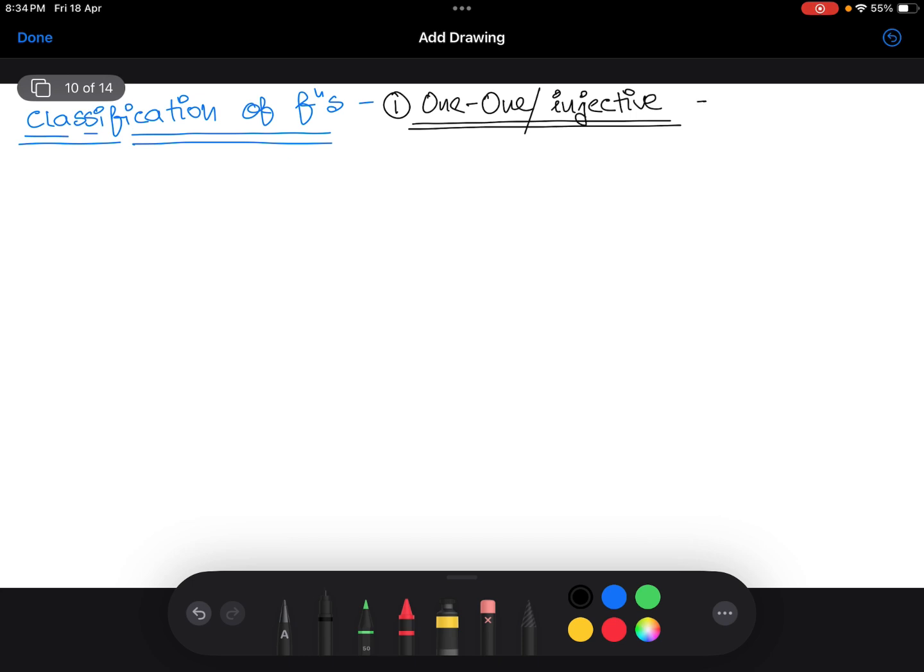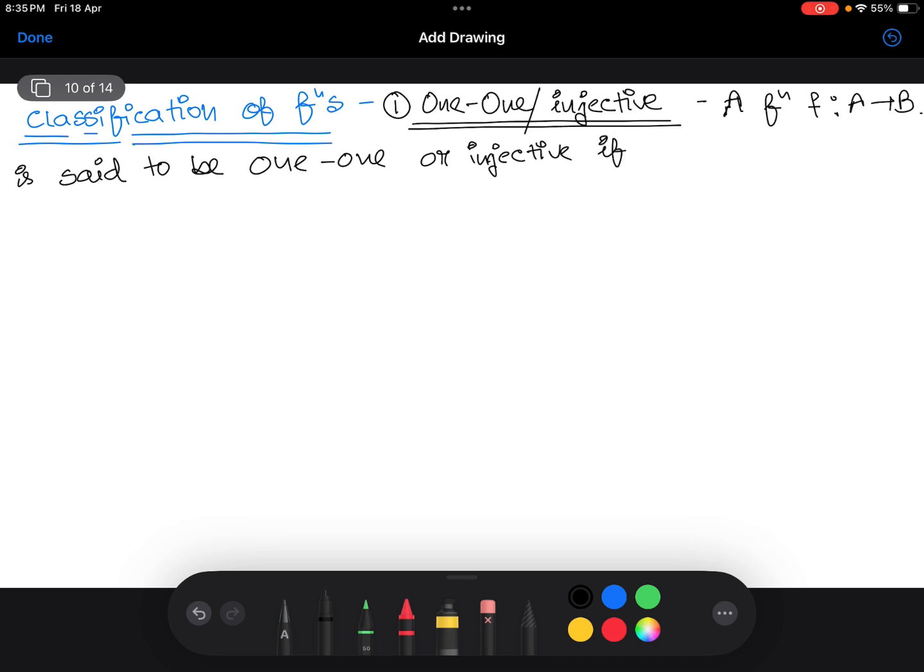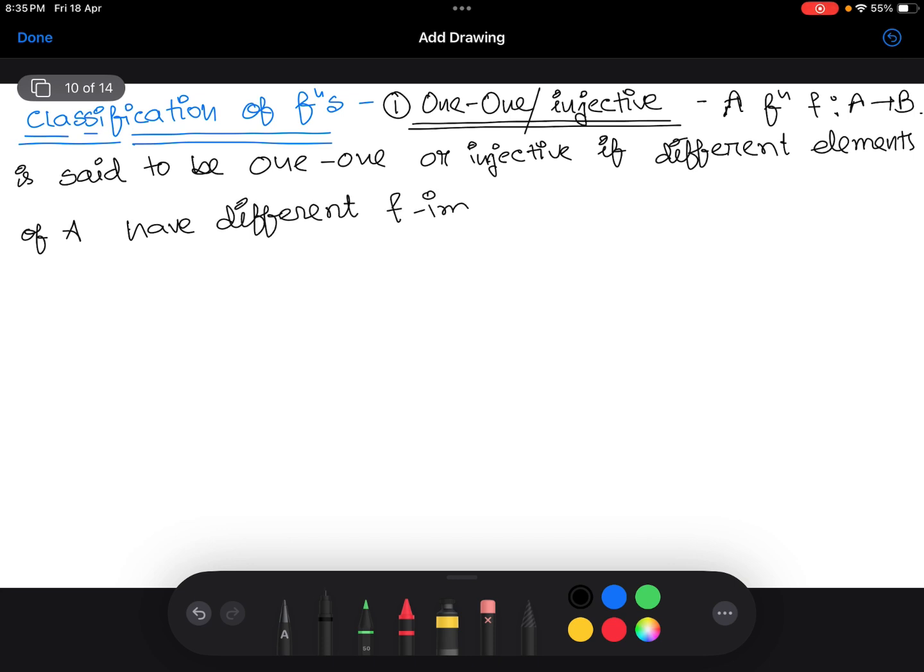Now let us define a function f from A to B. This function f is said to be one-one or injective if different elements of A have different f images in B.